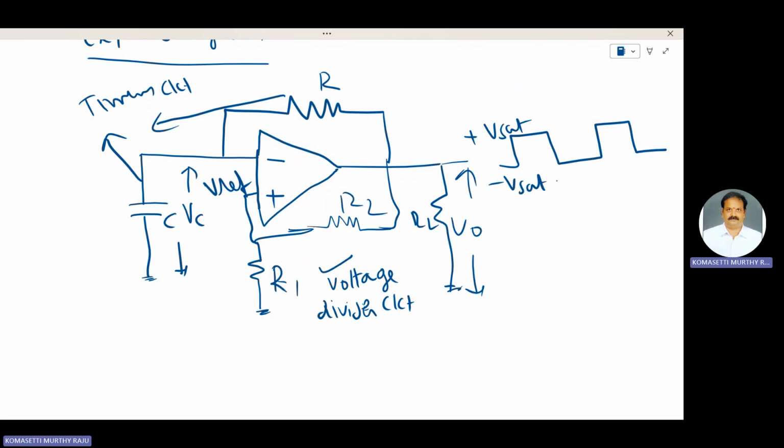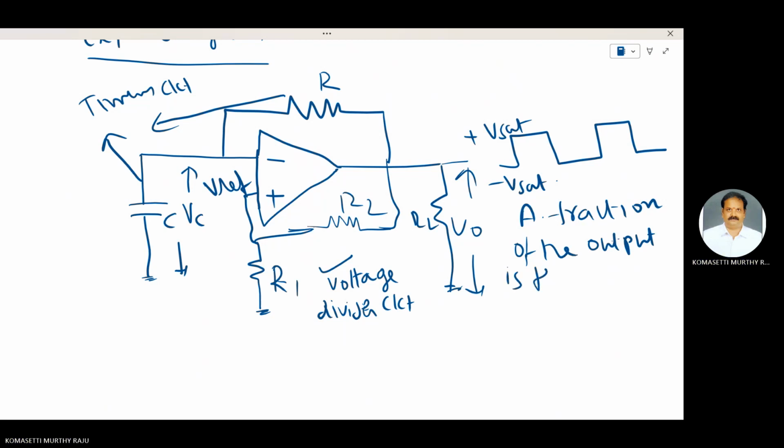A fraction beta, that means R1 by R1 plus R2, of the output is fed back to the positive input terminal.